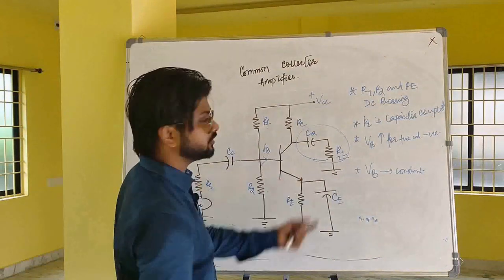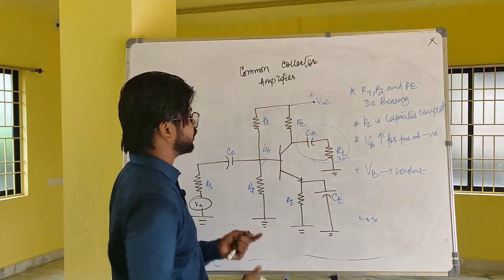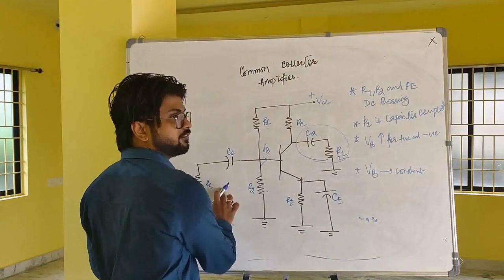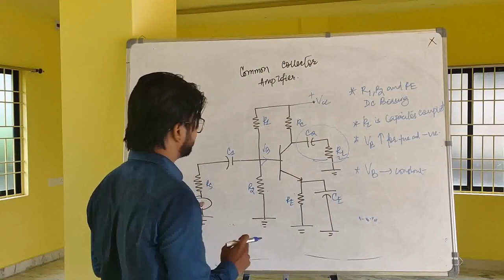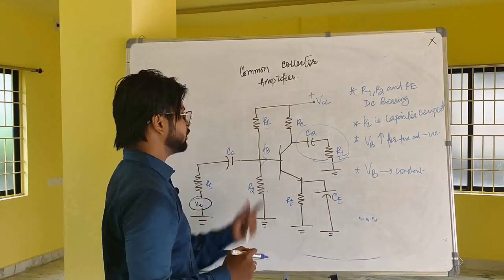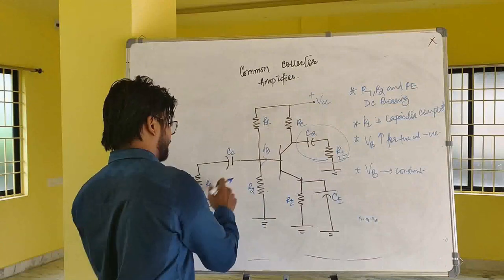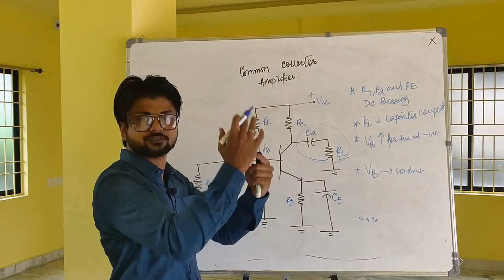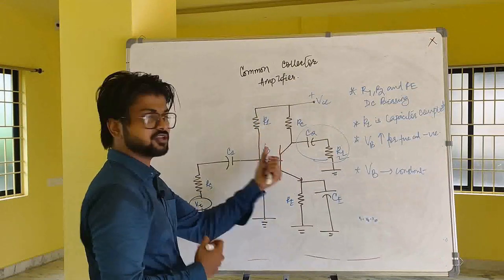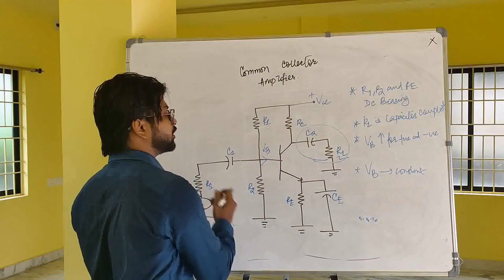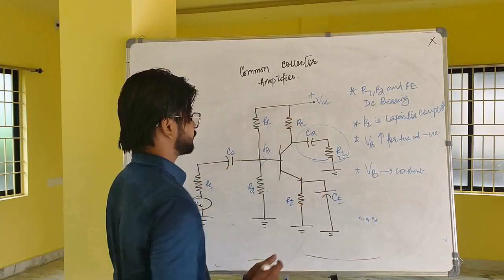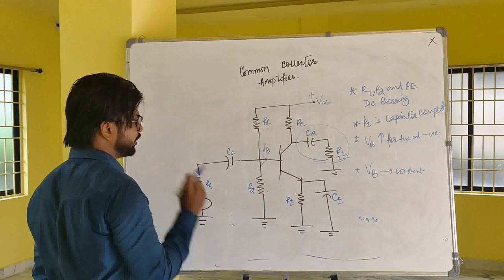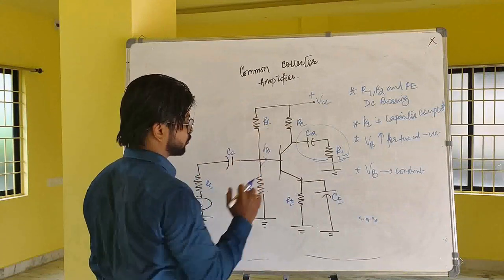VB increases or decreases according to the positivity or negativity of the signal. That is, in the positive half cycle of the input, the VB increases, and for the negative half cycle of the input, the VB decreases.